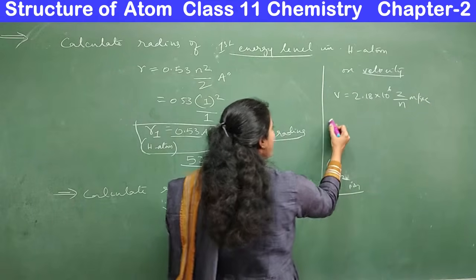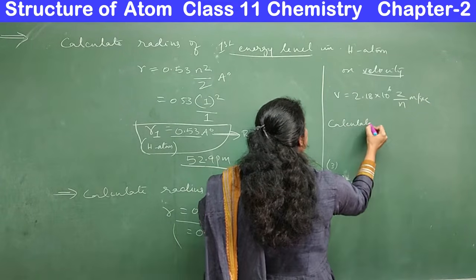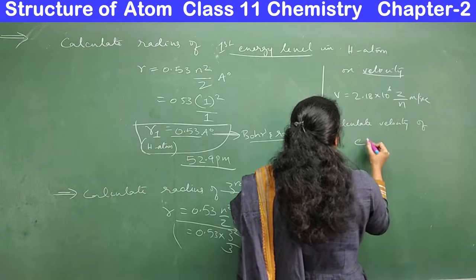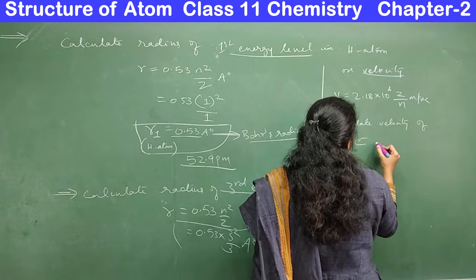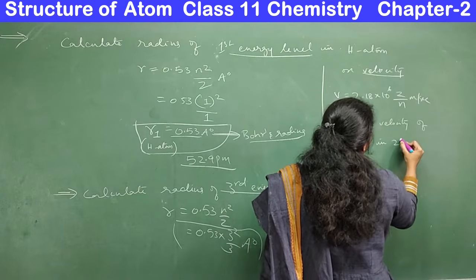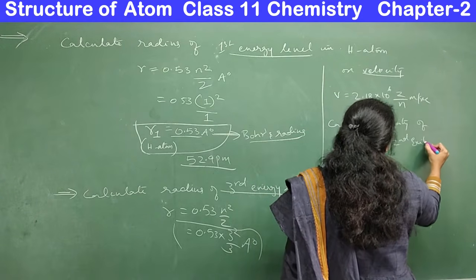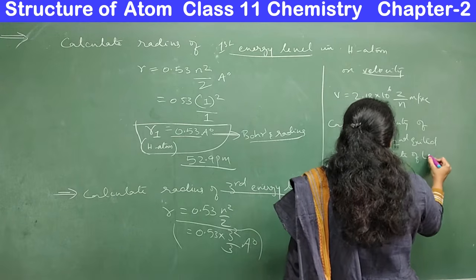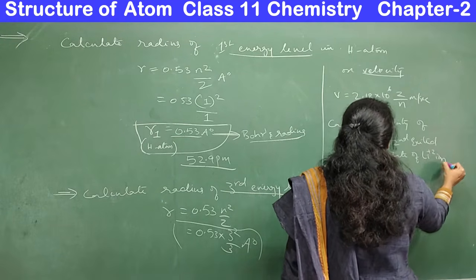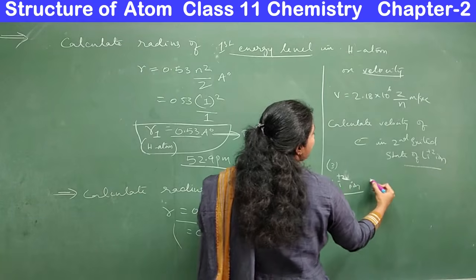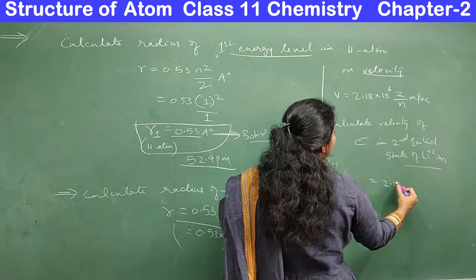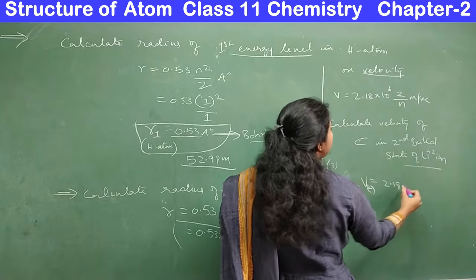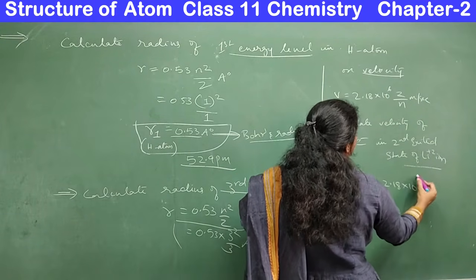Right, so they'll ask you to calculate the velocity of the electron in the second excited state of Li+2 ion. Same formula. How do you substitute? 2.18 into 10 power 6.